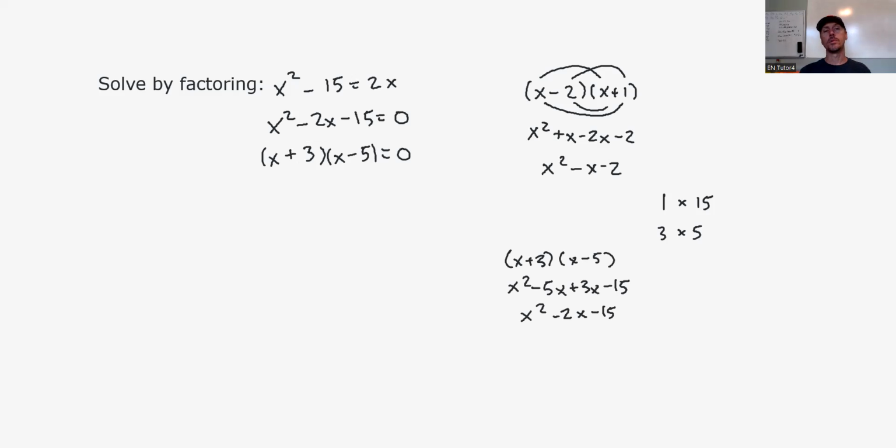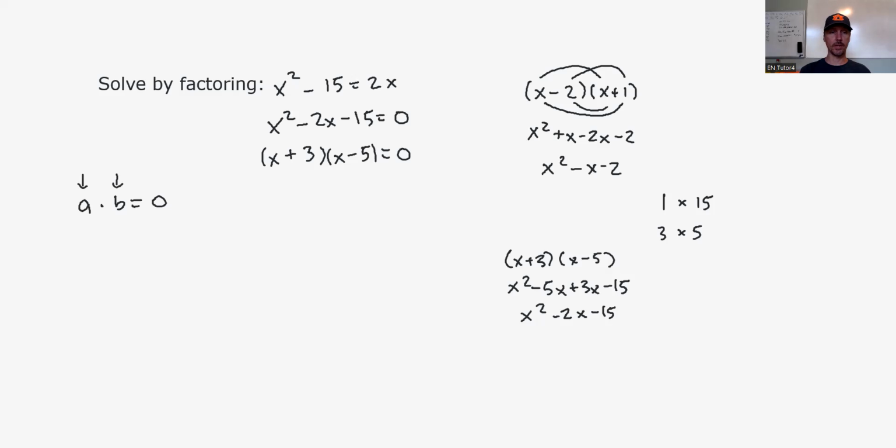But we're not done. We also need to find the possible values of x. To do that, we have to recognize that anytime you multiply two values together, let's say a times b, if they equal 0, then either a has to be 0, b has to be 0, or both have to be 0.